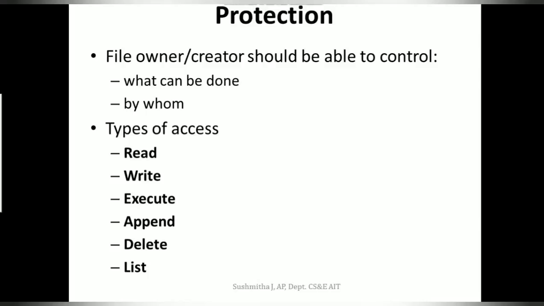Access control is one of the protection mechanisms that is used. When information is stored on the system, we should make sure that the information is safe from any physical damage, and there should also be proper access control for that particular file.